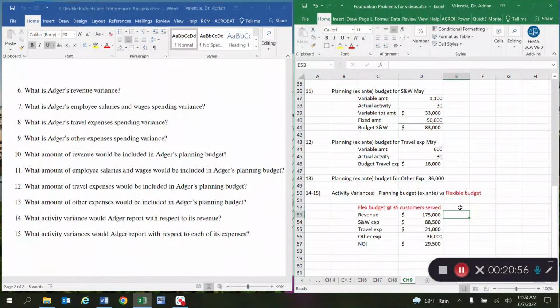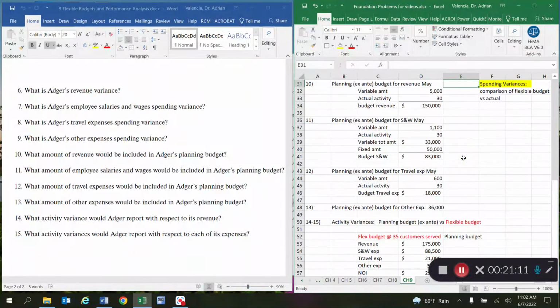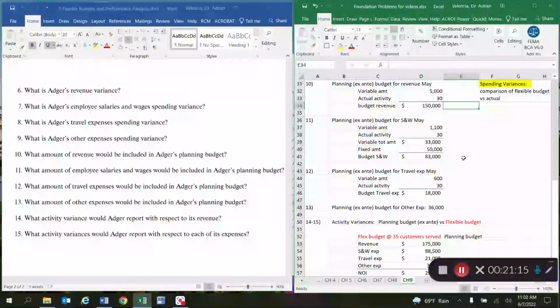And now what I'm going to compare it to is the planning budget. So the planning budget, or ex-ante budget, those are the numbers we just came up with here. The budgeted revenue was 150,000.